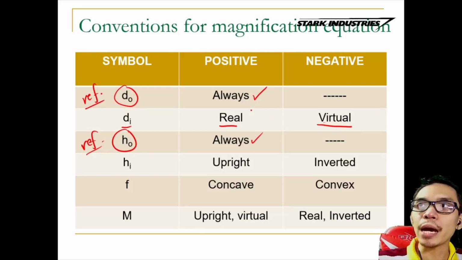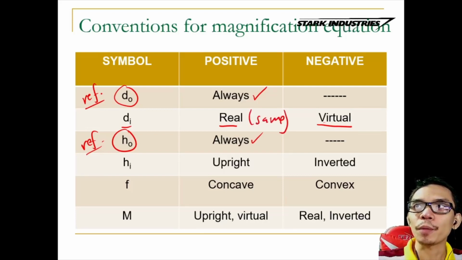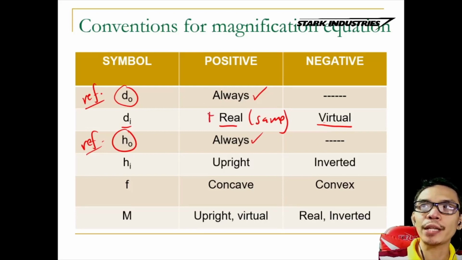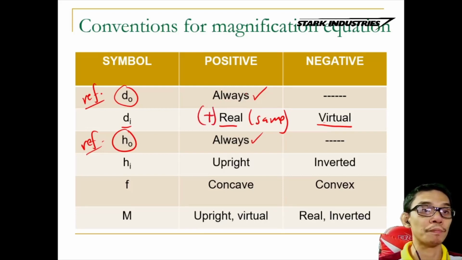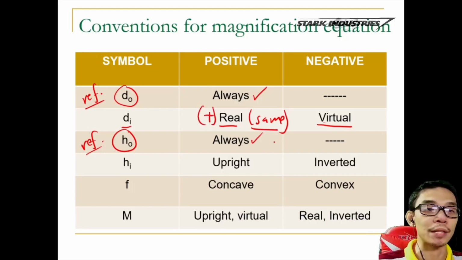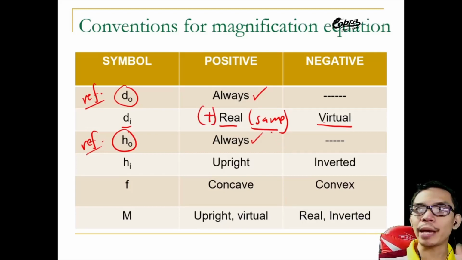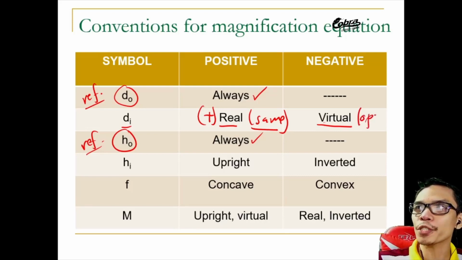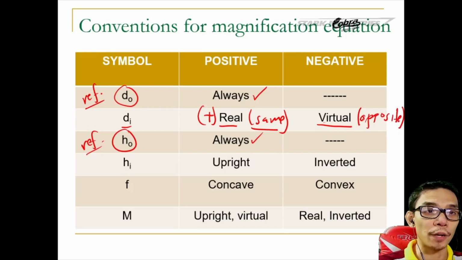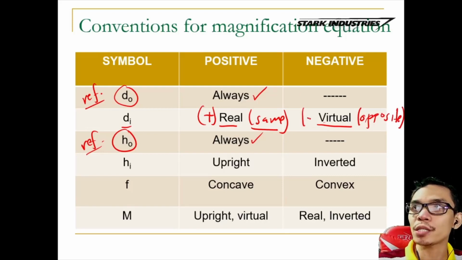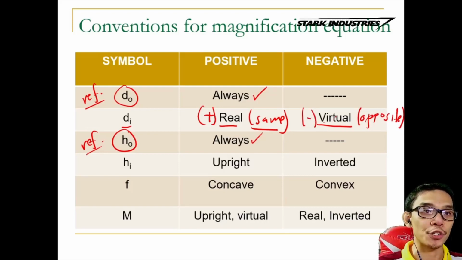So if the object is positive, then the image is also positive because they are on the same side. If the virtual image is formed on the opposite side, then this is the negative version.